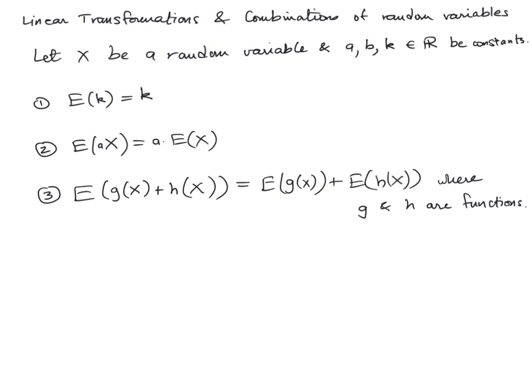Another way to think about it is, let's say I told you that the expected distance of throwing, I don't know, a baseball for me is, I'm going to make something up here, 27 meters. Well, all right, fine. So you know that the expected value of x is 27 meters. However, let's say I wanted you to give it to me in centimeters. Well, one way to do that is to make me do the experiment a whole bunch of times and measure the centimeters instead of meters, and now do the average of that.